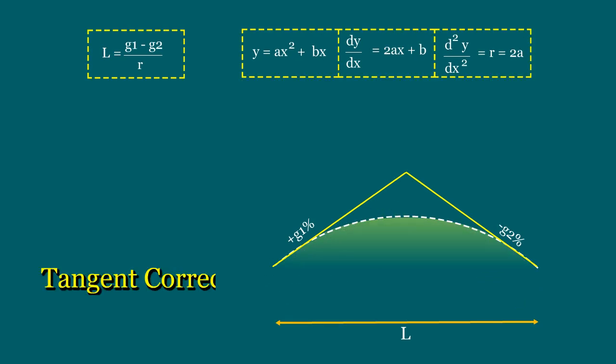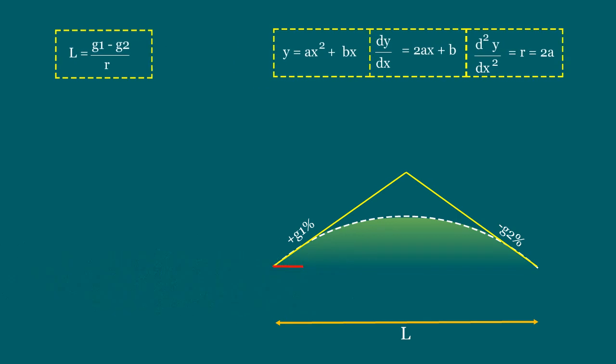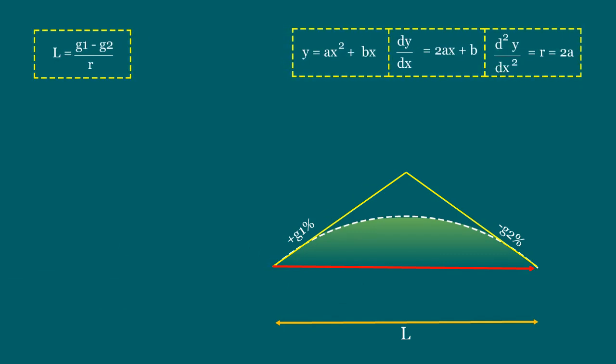Now, let us see what is tangent correction, and how it helps to design a vertical curve. In vertical curves, all distances along the curve are measured horizontally. And all the offsets from the tangents to the curve are measured vertically. The length of the curve is its horizontal projection. Please look into this sketch carefully.